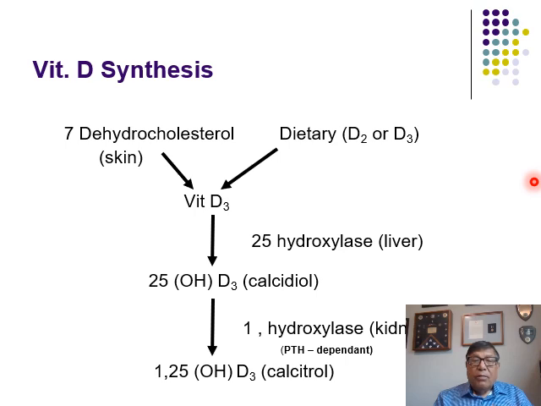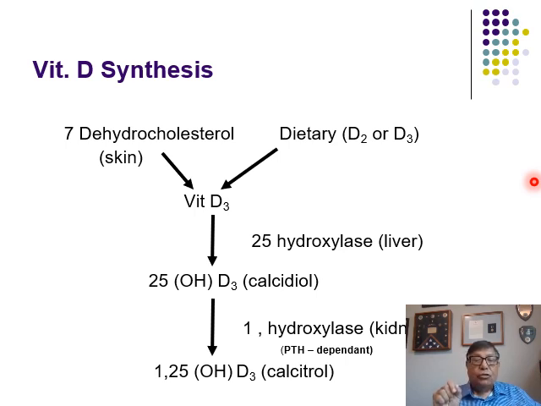From the skin, it also comes to the liver, but bound with vitamin D binding protein. So the final common path for both of them is the liver. There is a very important enzyme in the liver, 25-hydroxylase, and it converts D3 to 25-hydroxyvitamin D3, called calcidiol.